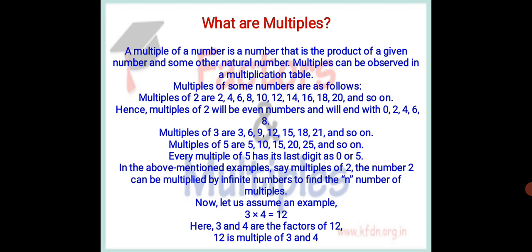Now, this is the explanation all about multiples. What are multiples? A multiple of a number is a number that is the product of a given number and some other natural number.